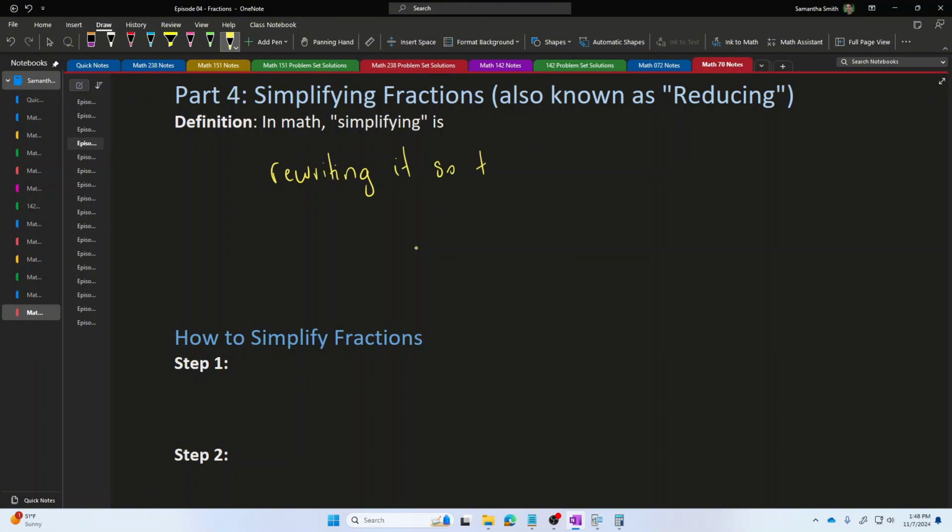In math, when we talk about simplifying a quantity, we're talking about rewriting it so that it's the same as it was at the start, but it looks a little bit different. Maybe it contains smaller numbers or fewer symbols.